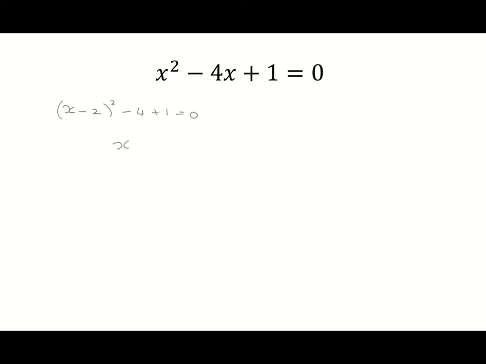So now we've got x minus 2 squared minus 3 equals 0, x minus 2 squared equals 3, x minus 2 equals plus or minus the square root of 3 by taking the square root of each side, and x is equal to 2 plus or minus the square root of 3.